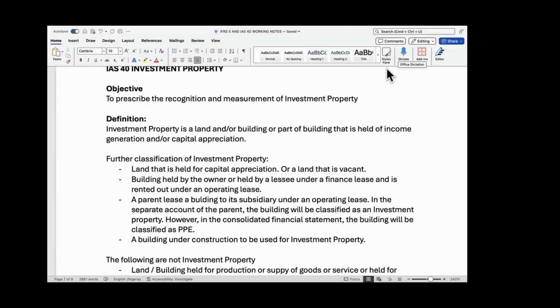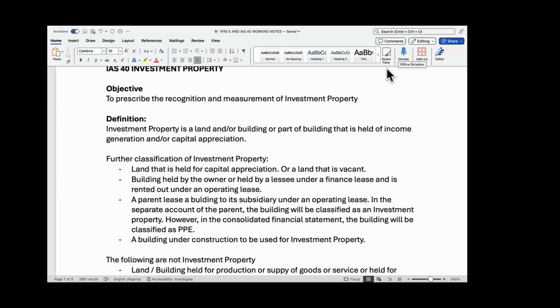And the thin line is that PPE can also be land and building or part of a building. But what makes PPE is that it's basically held for either production or supply, or it's held for administrative purposes, or is held for other use. But investment property is majorly the land and building held for income generation and capital appreciation.